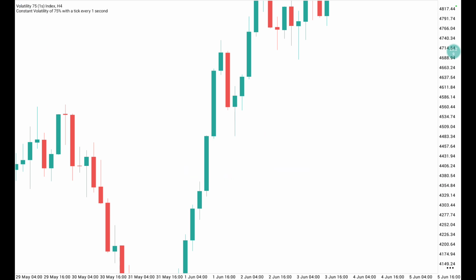So it means that the bulls got 100% opportunity to express themselves. And this gap that we are seeing now is proof that price has been inefficiently delivered, right? The market is not designed like that.